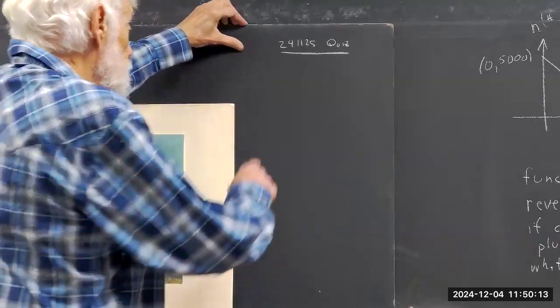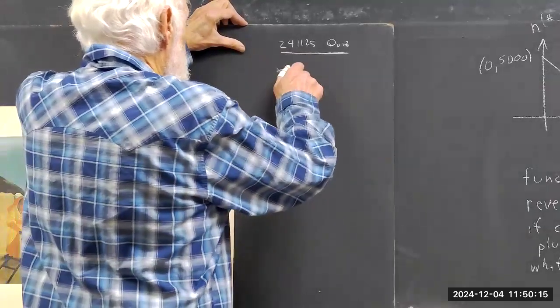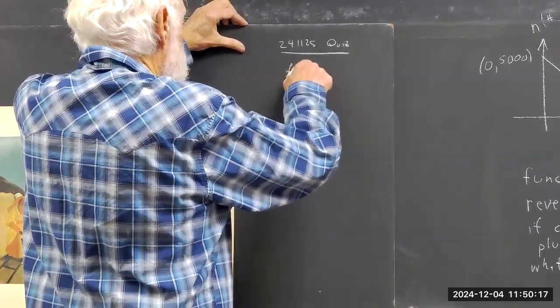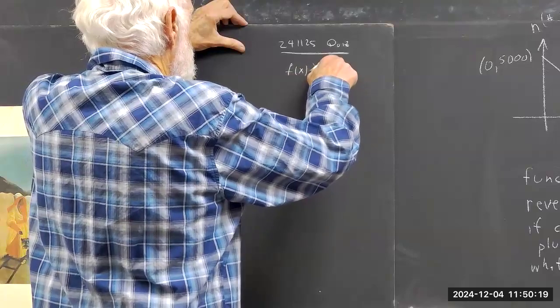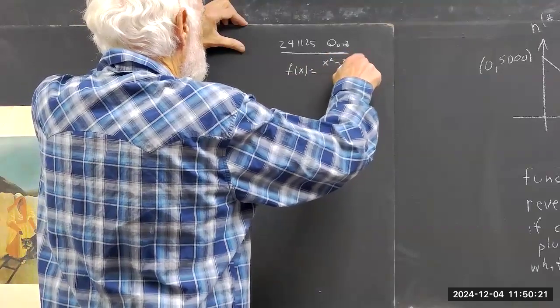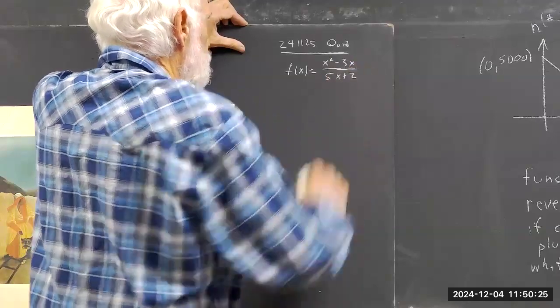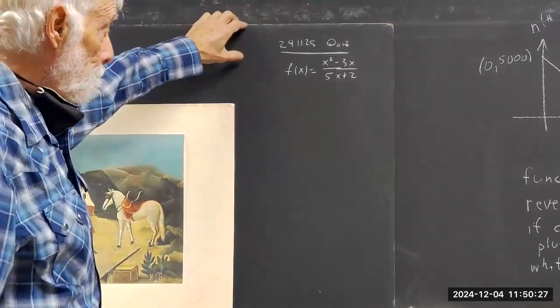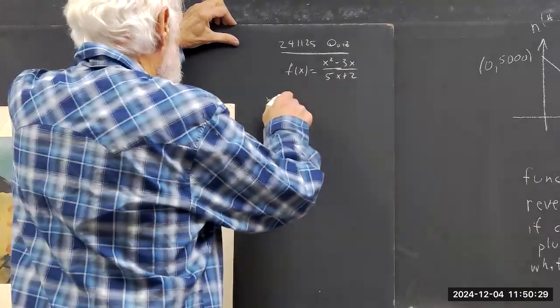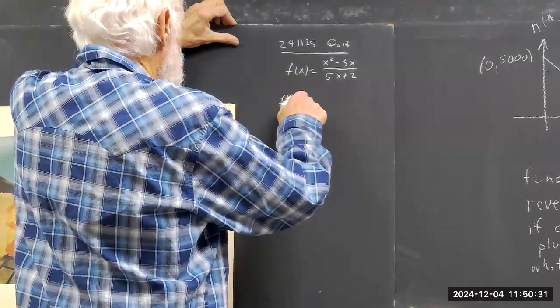Okay, so let's just say, the thing you have to understand about function notation, let's say f of x equals x squared minus 3x over 5x plus 2. Okay, and you want to find f of 3.